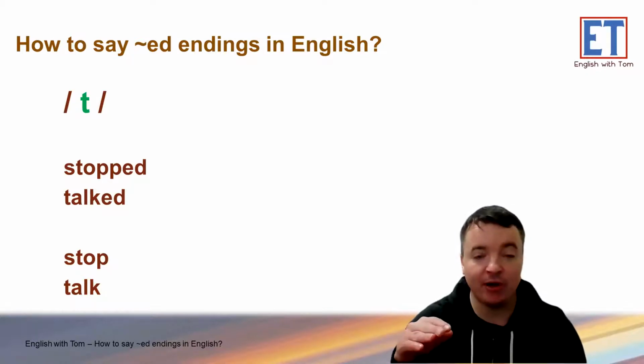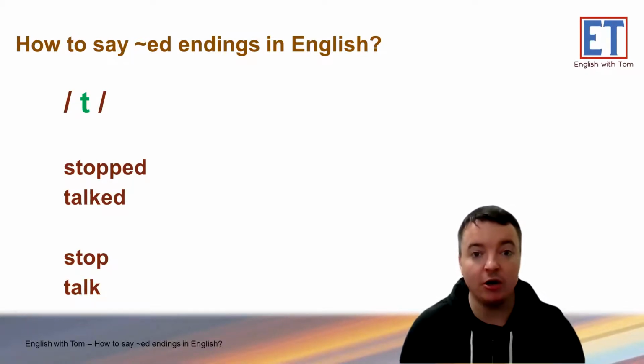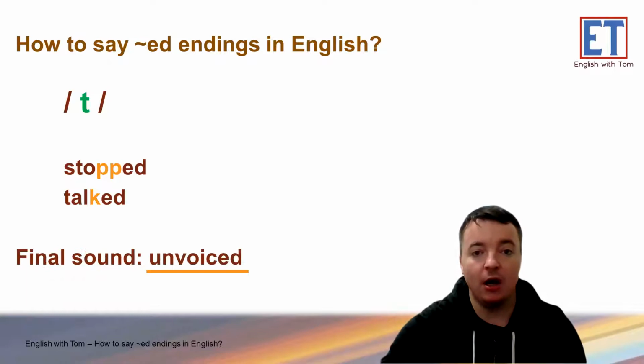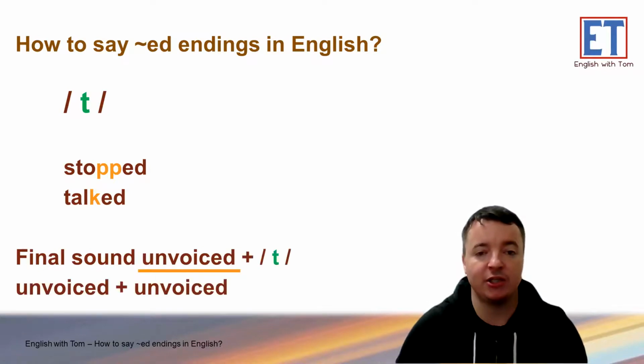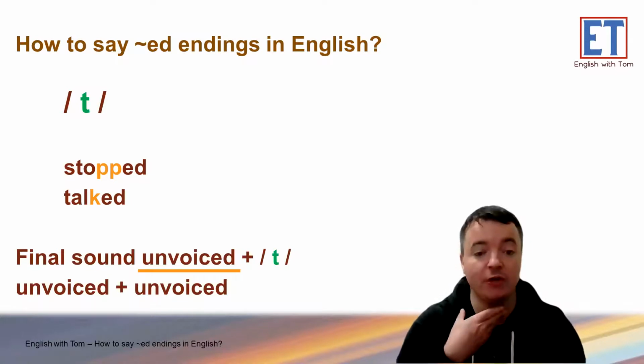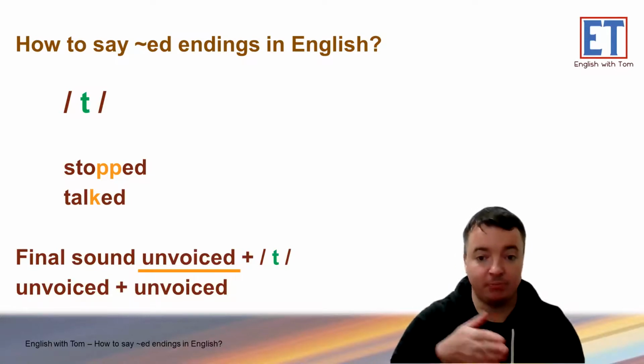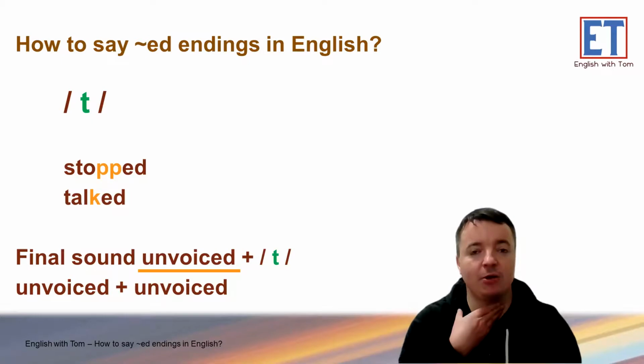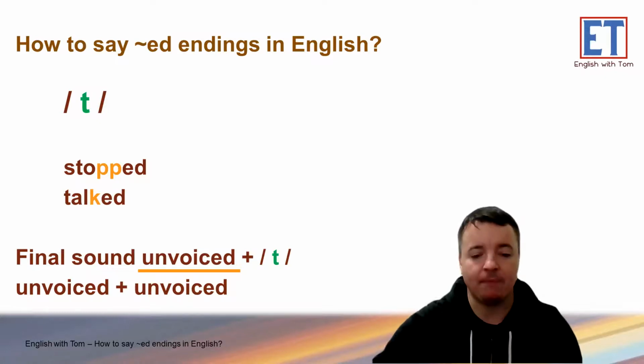There's no vibration. They're not voiced. They are unvoiced. So if the final sound before ed is unvoiced, then ed is pronounced as a t sound, which is also unvoiced. So unvoiced plus unvoiced t. Stopped, talked. Okay.